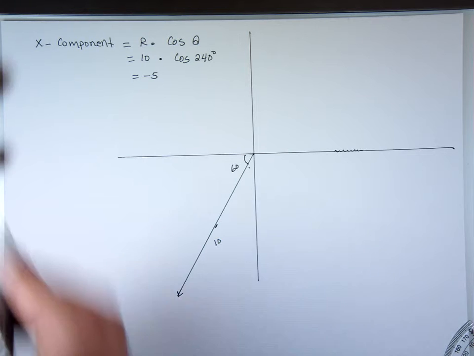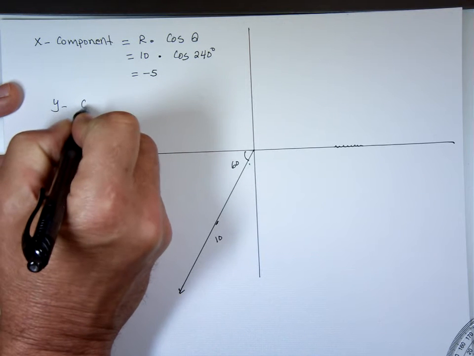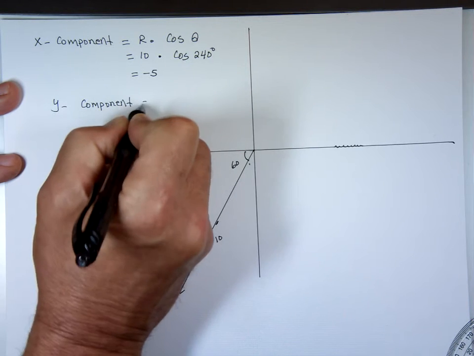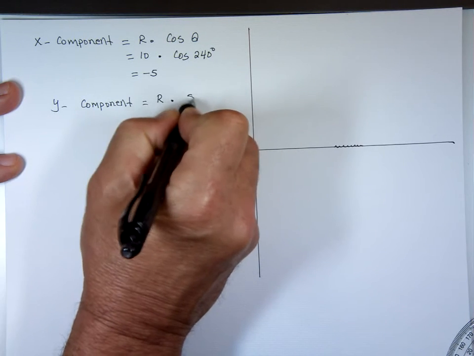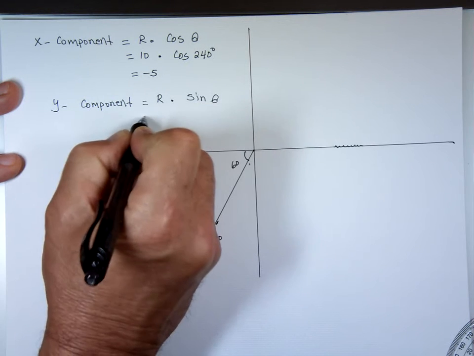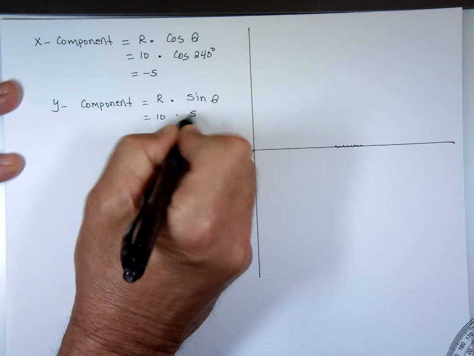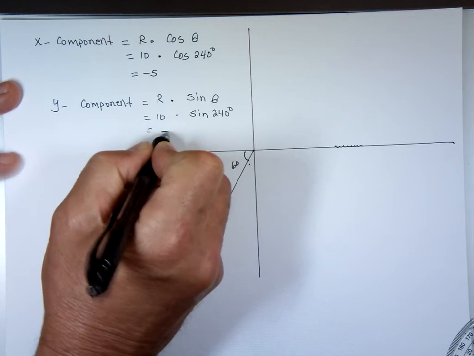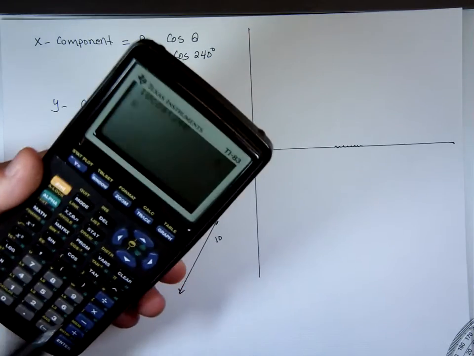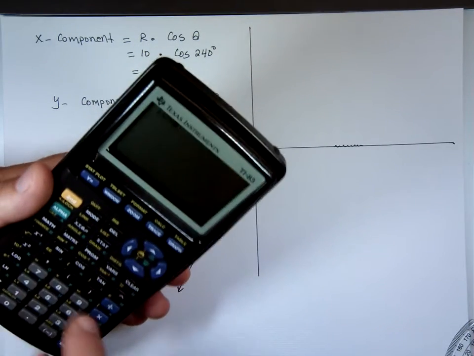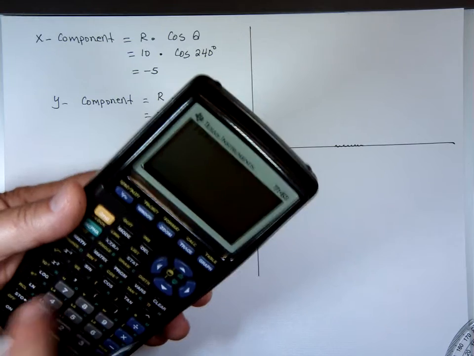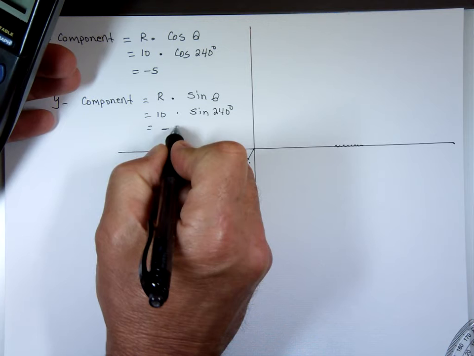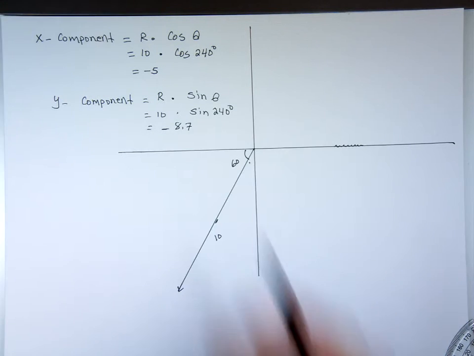And the y component should be what? R times sine theta. R is 10, sine of 240, negative, I don't know, 8.7 maybe. 10 times sine of 240, negative 8.66. Negative 8.7.